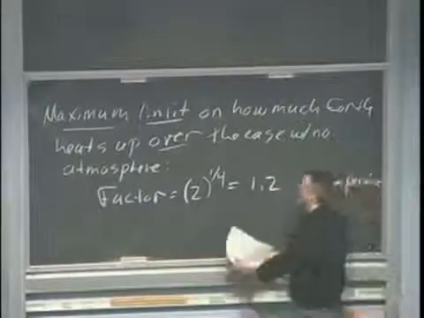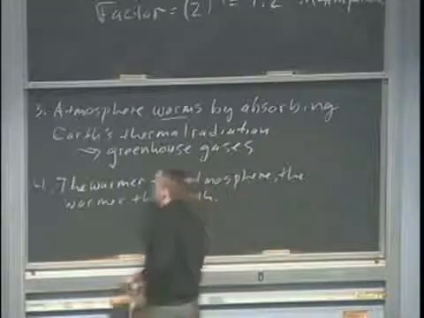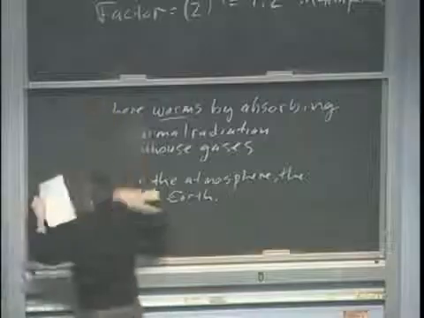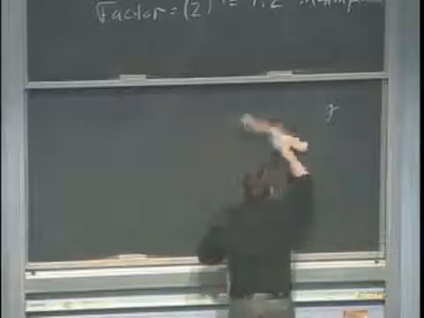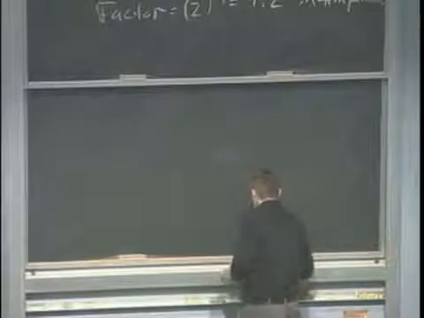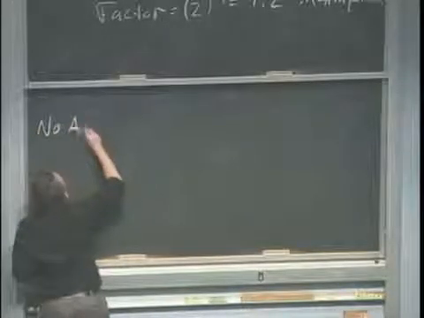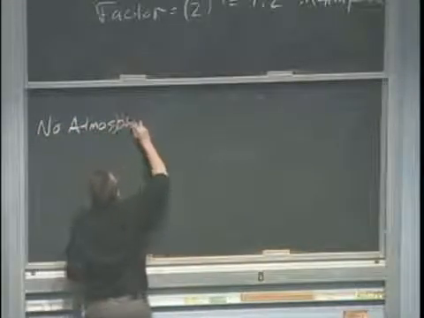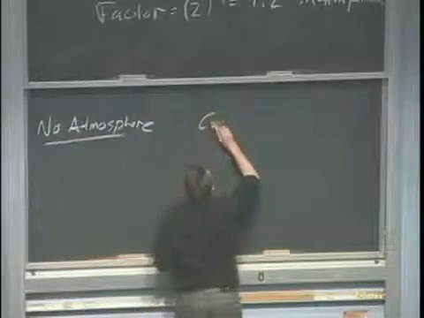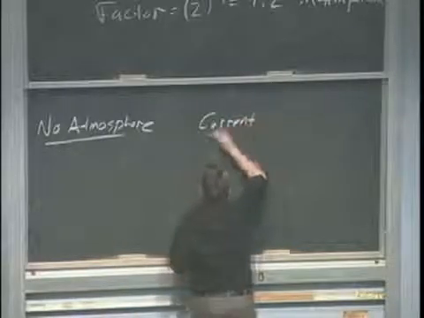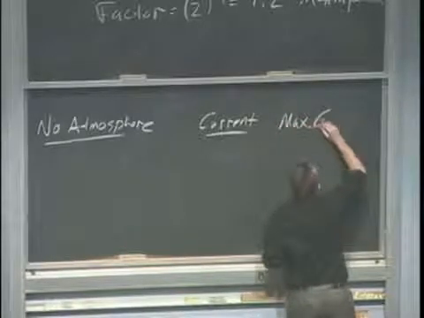Okay, so let's put some of these numbers into a table. We've got the cases: no atmosphere, which was the first model we looked at; the current value of these temperatures for the Earth; and then the model we just looked at, which was the maximum greenhouse effect.